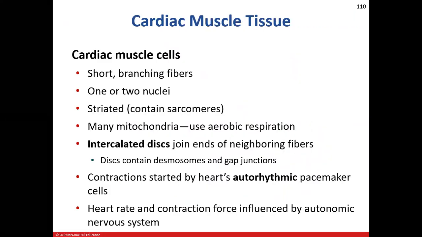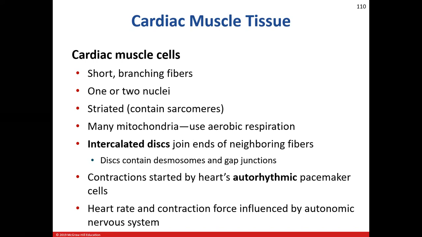The last type of muscle tissue we have is cardiac muscle. With cardiac muscle, these are going to be short branching fibers. They're going to have one or two nuclei in them. They are striated, so they do contain sarcomeres. They have many mitochondria, and they use aerobic respiration, which is why it's important for us to have a lot of oxygen.